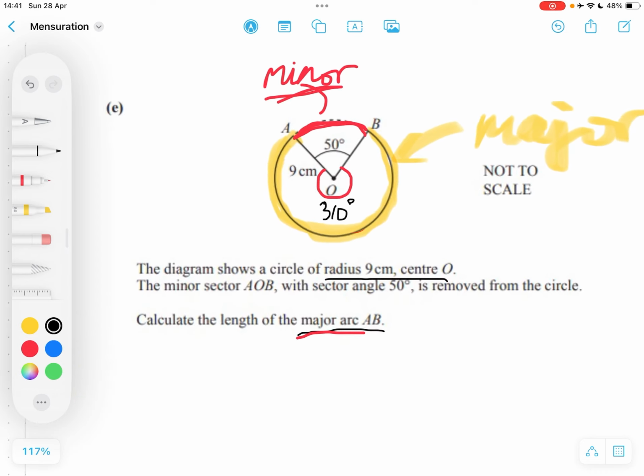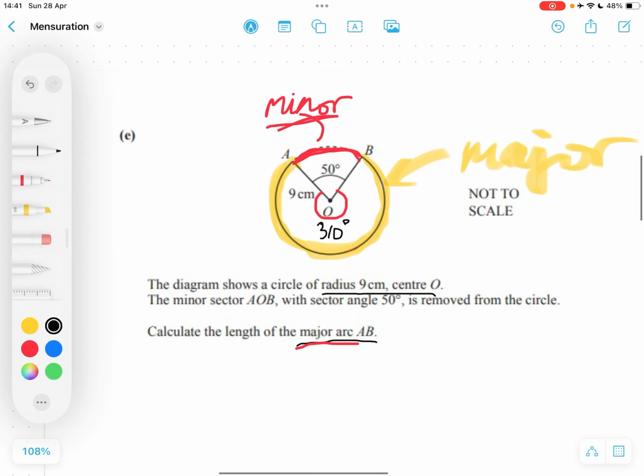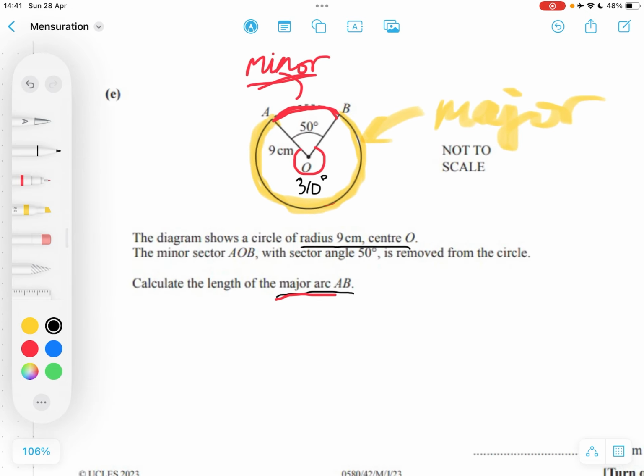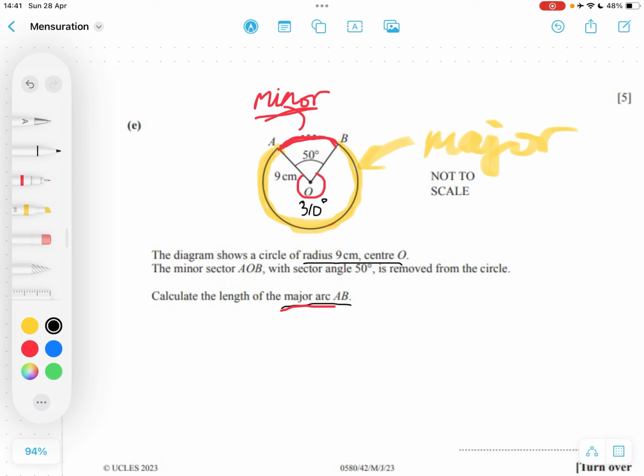So now that we have that 310 degrees, the way to do these problems is to think of the major arc as a fraction of the circumference of the whole circle. And the way you calculate that fraction is by the angle, which is 310, divided by the whole circle's angle, which is 360. So the fraction is 310 by 360. That's the fraction of the circumference that the major arc occupies.